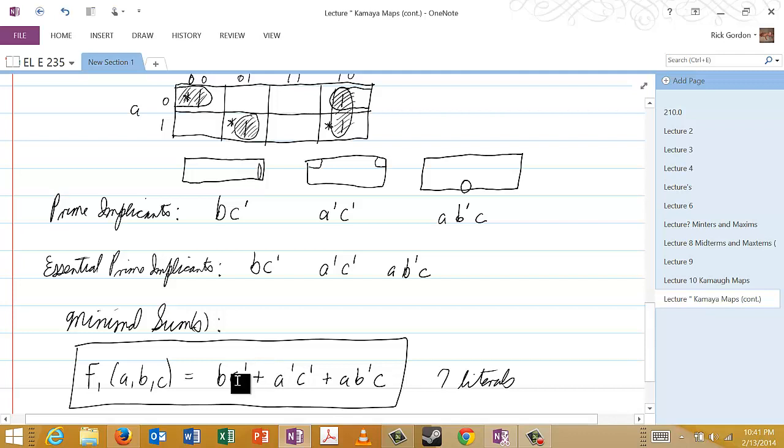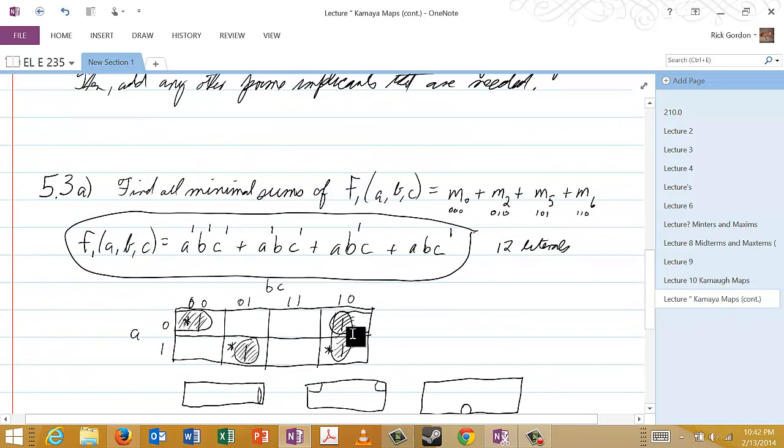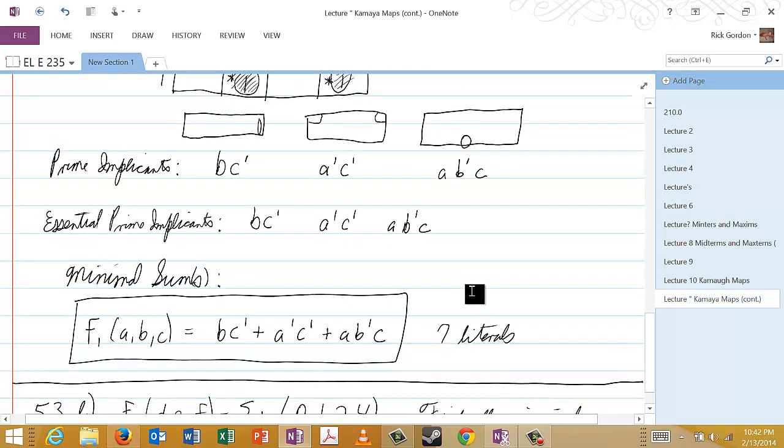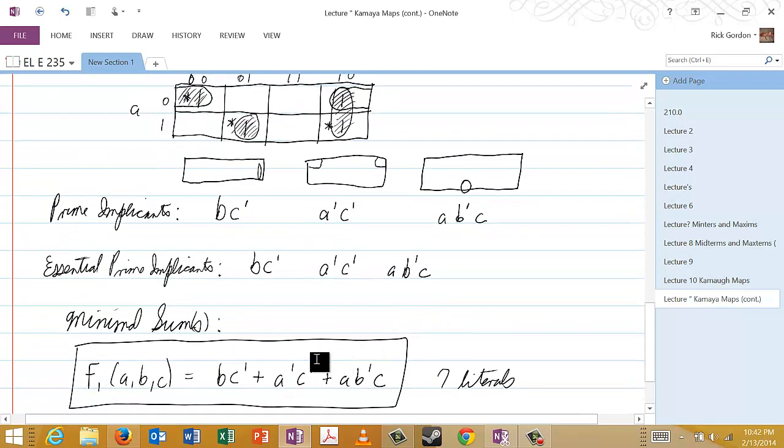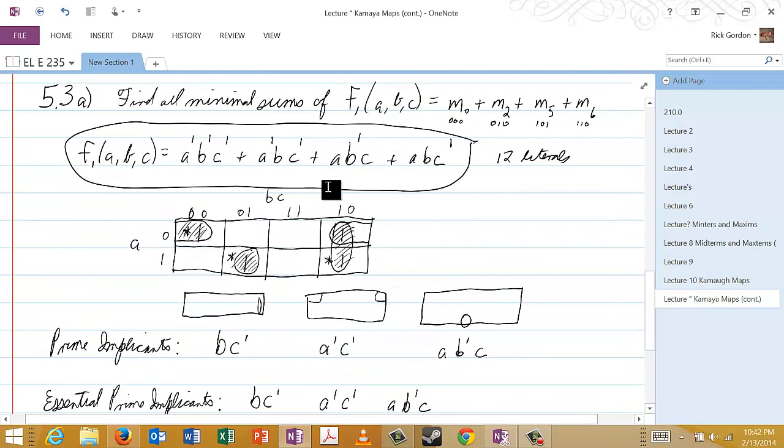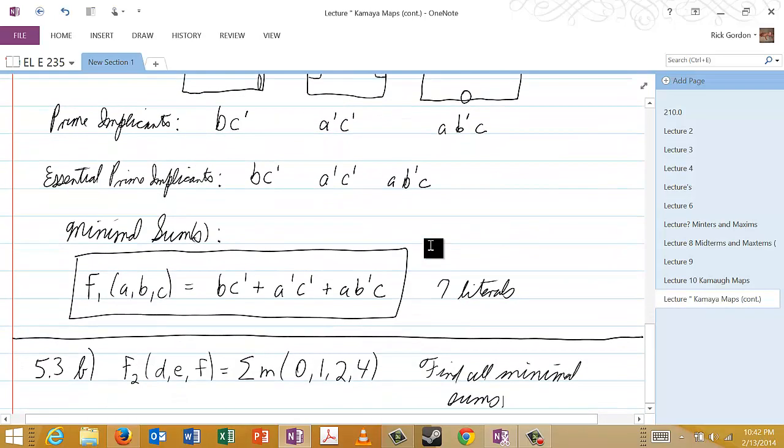So I strongly encourage you to verify that this expression yields back this minterm expansion, which will prove to you that this expression really is equal to the same function F1 that we started with up here. Again, I strongly encourage you to do that.